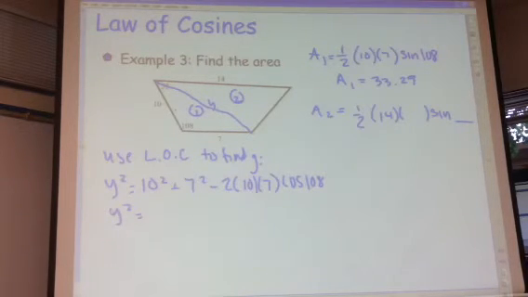When I find it and do it correctly, then I know that my y squared, or my y, after I square root it, is going to be 13.87. So this is 13.87.